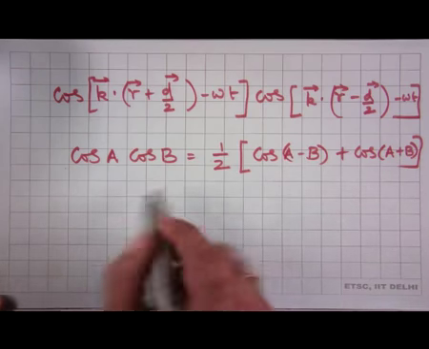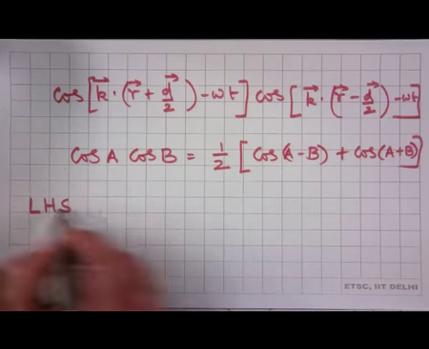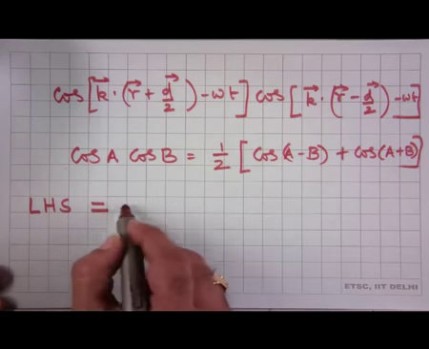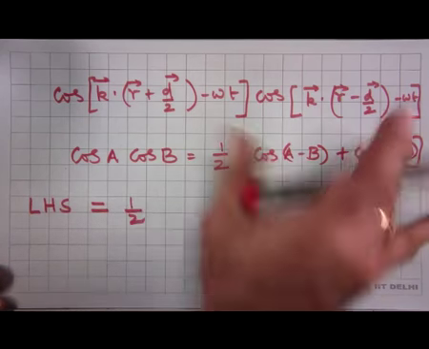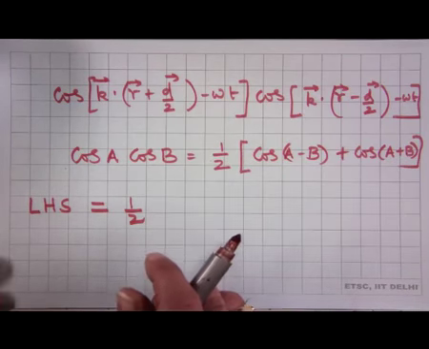So what we want to write is the LHS in terms of these forms. So I am going to get a factor of half. I am going to add the arguments and I am going to subtract the arguments.